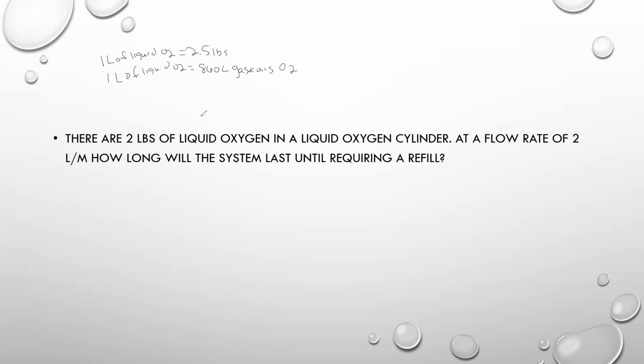So now let's look at this. You have 2 pounds of liquid oxygen in a liquid oxygen cylinder at a flow rate of 2 liters. How long is it going to last? So now you take your weight and divide that by the 2.5, and that equals 0.8.